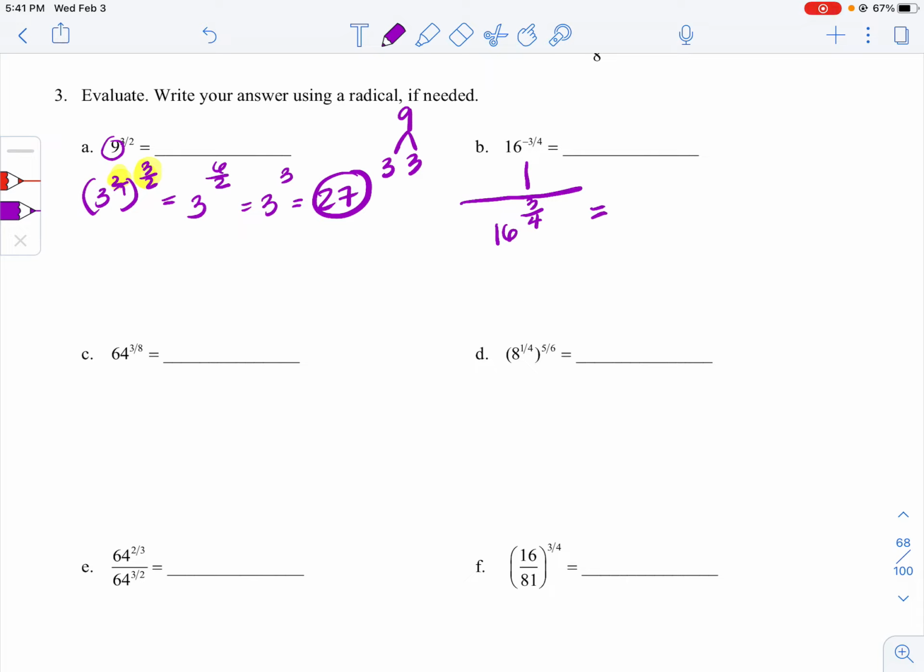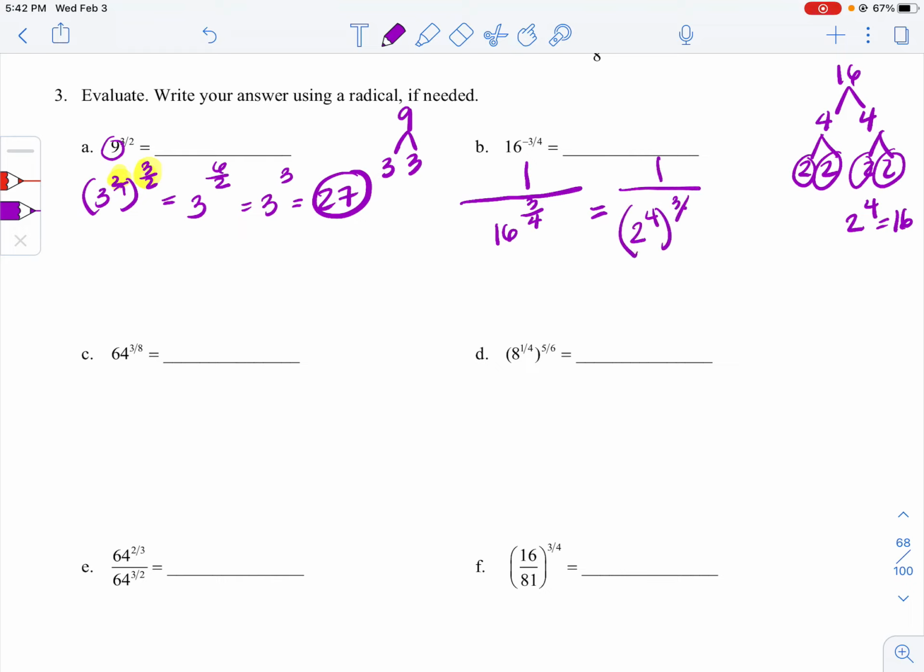What is 16? Well, we know 16 is 4 times 4. We know that that is 2 times 2. It's 2 times 2. So 1, 2, 3, and 4. So instead of writing 16, can I write it as 2 to the power of 4? Right? So 1 over 2 to the power of 4.